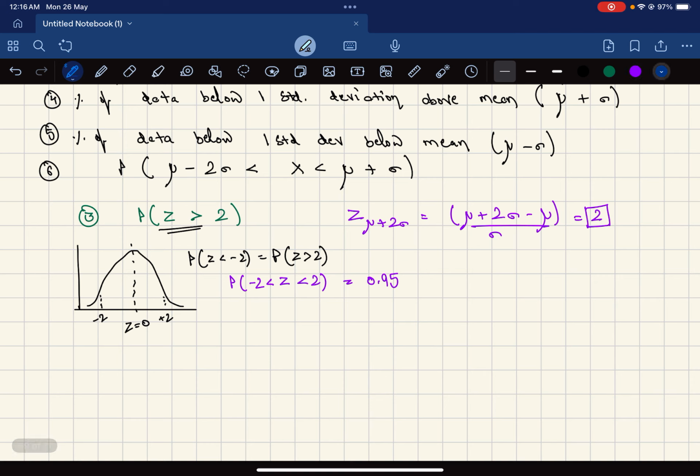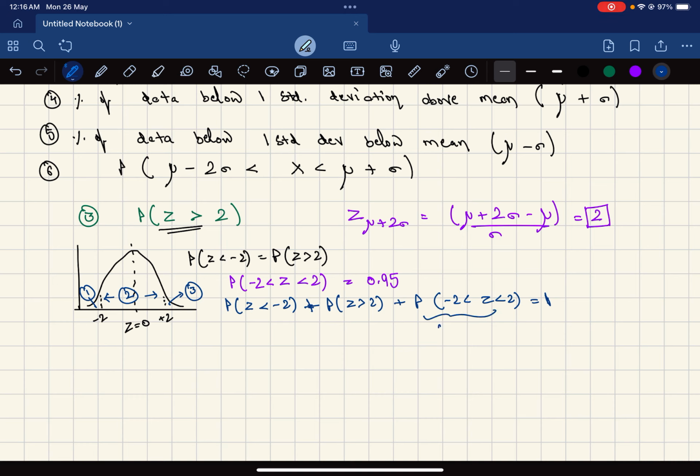Now, the sum of all these 3 probabilities, so this is 1, this whole thing from here till here is 2, and this is 3, is always equal to 1. Therefore, P(z less than minus 2) plus P(z greater than 2) plus P(-2 to 2) equals 1.